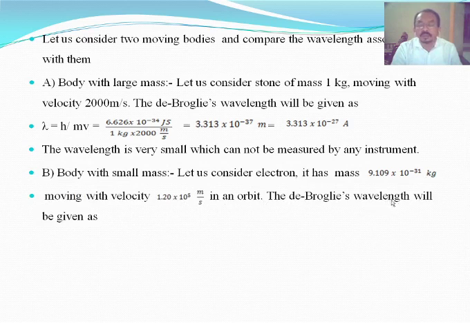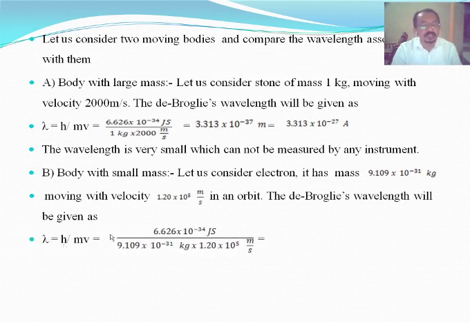The de-Broglie's wavelength will again be given as lambda is equal to h upon m into v. h is the same value, 6.626 into 10 to the power minus 34 joule second. Mass of the electron is 9.109 into 10 to the power minus 31 and velocity is 1.20 into 10 to the power 5 meter per second. If you calculate it, its value is 0.6061 into 10 to the power minus 8 meter or 60.61 angstrom.